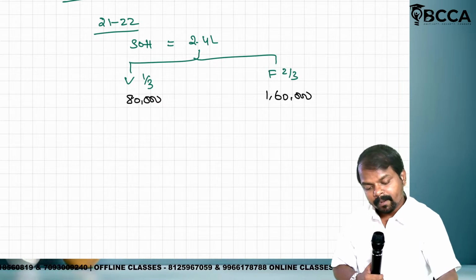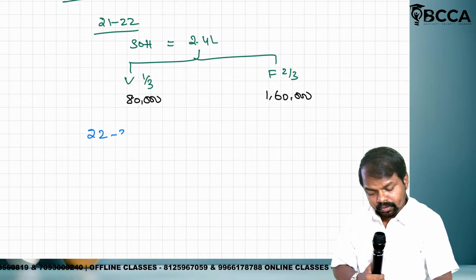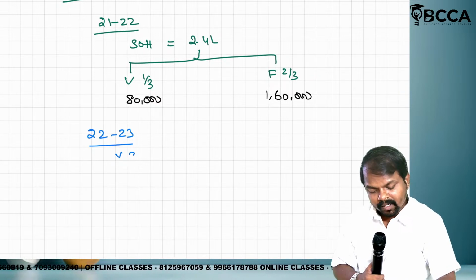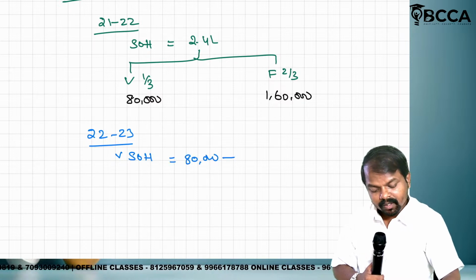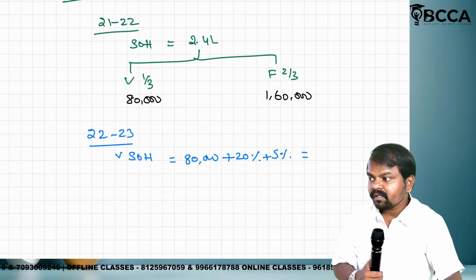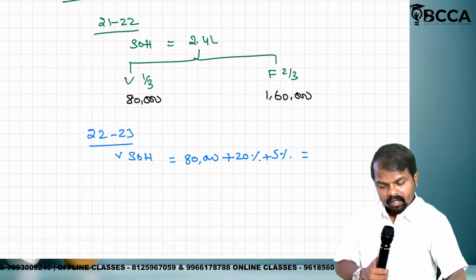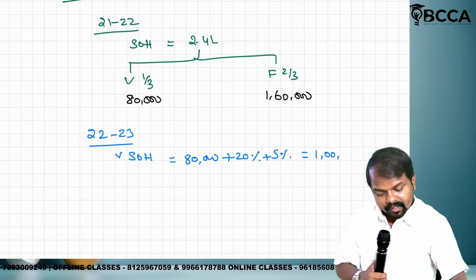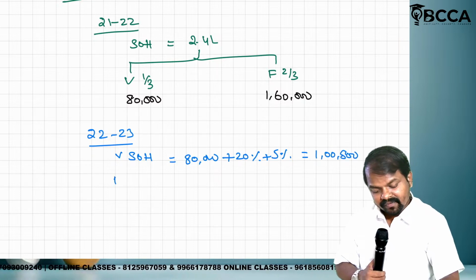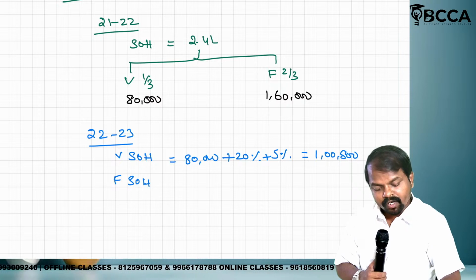Next. 20 to 23. Variable SOH. How much? 80,000, right? Plus 20% increase, plus 5% increase. They told variable overhead increased by 5%. 1,08,000. Fixed SOH. Last year how much?